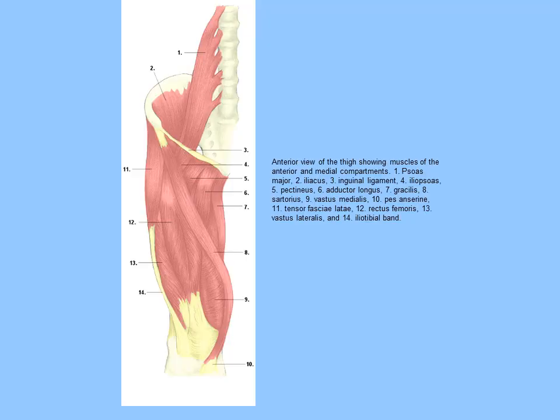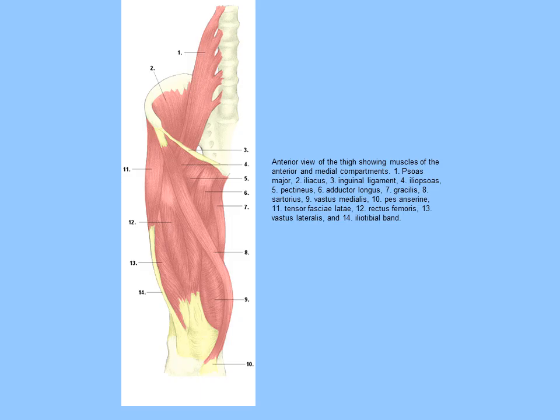Next we're going to look at the thigh and its compartments along with the muscles, blood supply, and nerve supply of each compartment. In the anterior compartment, there is a space known as the femoral triangle.